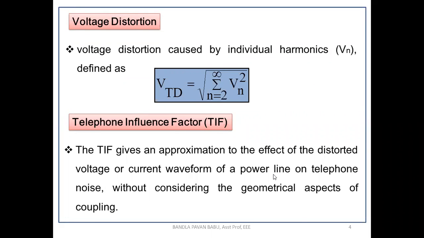That distorted waveform is going to be fed to the inverter, or at the rectifier it has some impact and creates some noises. So this TIF does not consider the geometrical aspects of coupling, I mean the axis or magnitude or shape of the waveform.